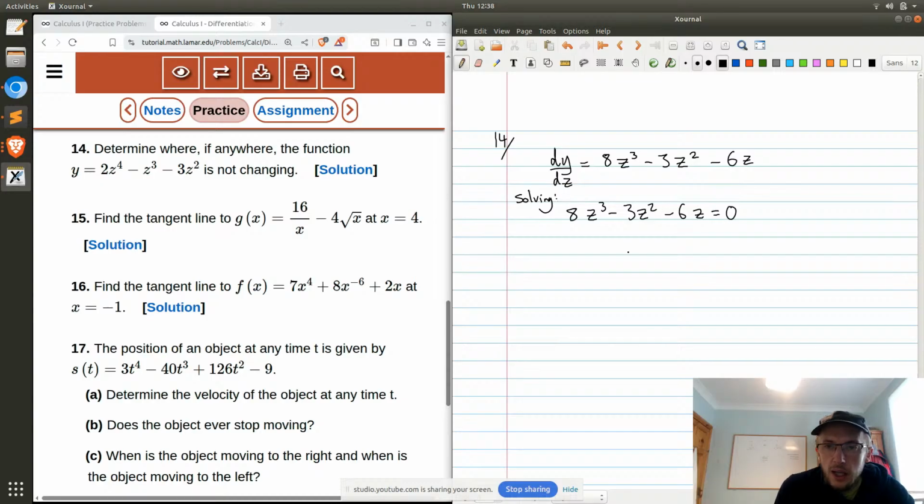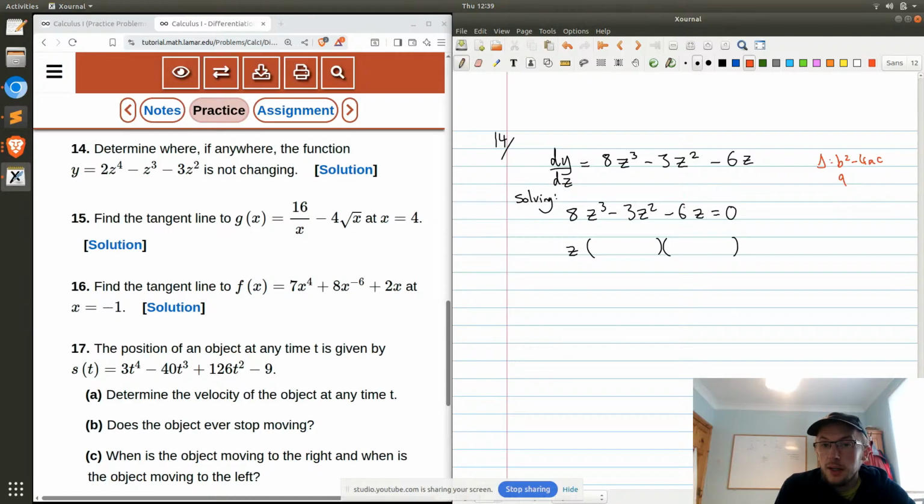Solving this, we can factor out z immediately, and then that leaves us with a quadratic. But can that quadratic be factored? We can apply the discriminant, b squared minus 4ac. So our a, b, and c are 8, -3, and -6. Putting them in, we get the square of -3, which is 9.